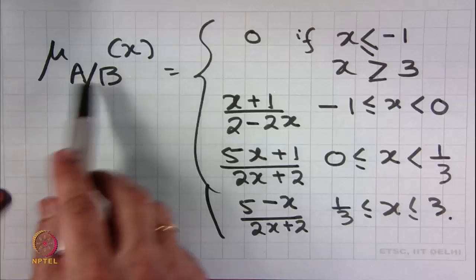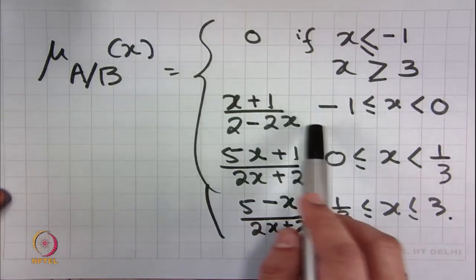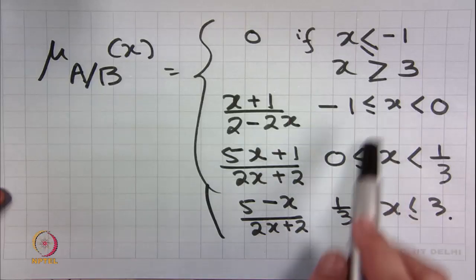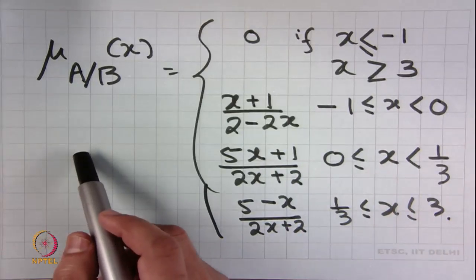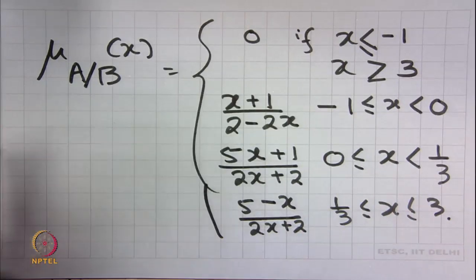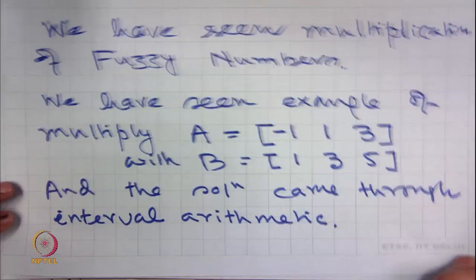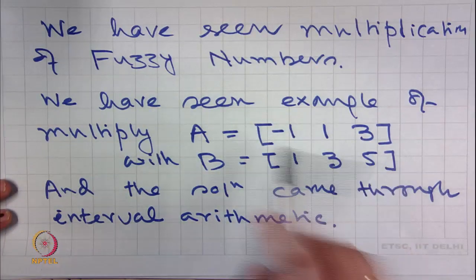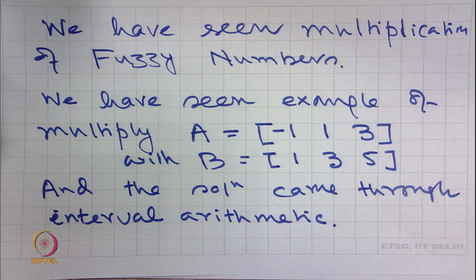Thus, the membership function changes at different intervals, and we can see that since we had these to be a and this to be b, the minimum value that is coming out to be minus 1 by 1, and the maximum value will come when I am dividing 3 by 1, that is 3.